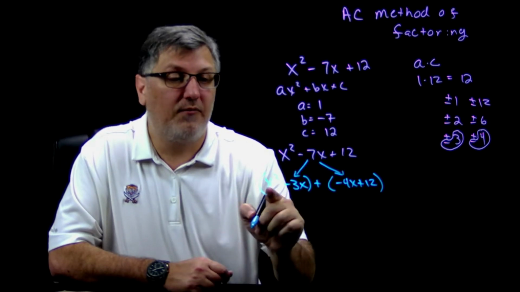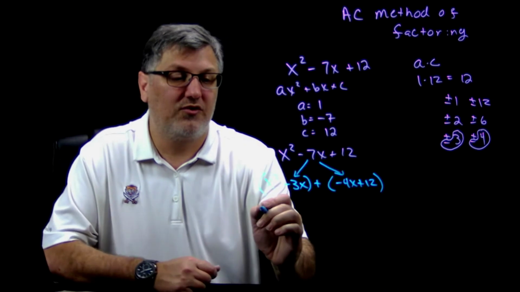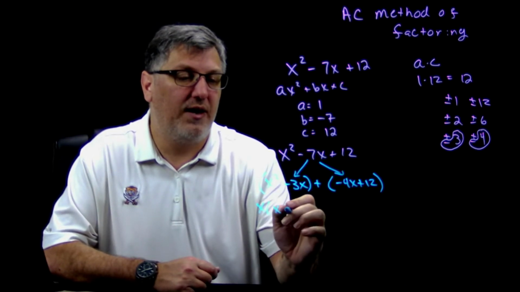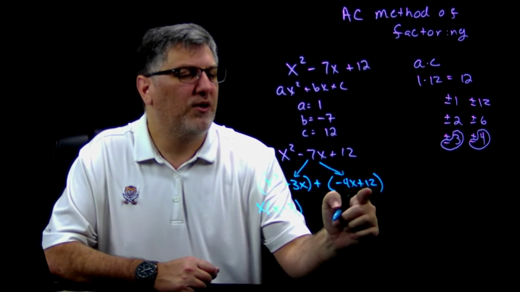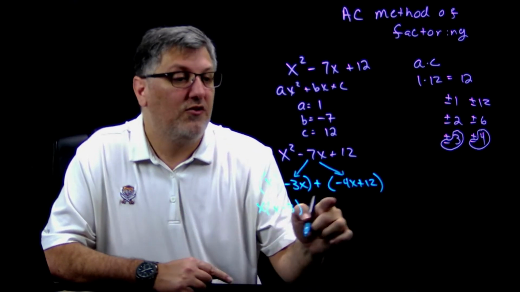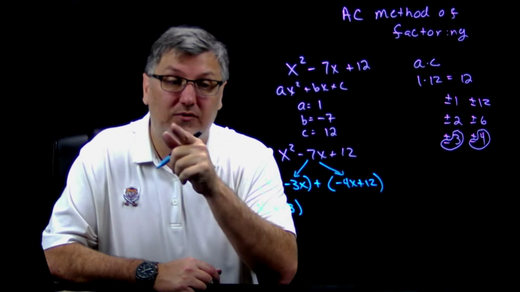Take out the greatest common factor. What do x squared and minus 3x have in common? Well, that's just an x. We're going to take this out. When I divide out my x, that leaves me with x minus 3. Now here I have a negative 4x plus 12. When there's a negative, always factor a negative out. So I have a negative 4 and 12. They have negative 4 in common. They sure do.